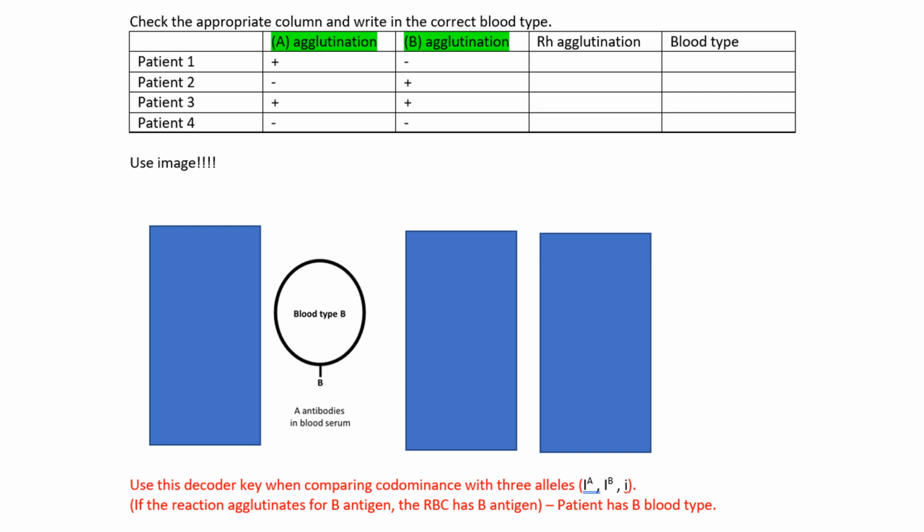So the red blood cell has that big old B on the cell membrane. You add antibody B and it agglutinates. So if B agglutination is a positive reaction, that patient has blood type B.